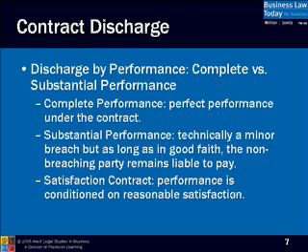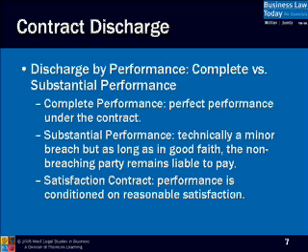Now, why do we care about that? Because if it's just a minor breach that has to be fixed, the other party still has to perform. So think about it. I asked to have my house painted, and I go in, and I find a little spot down the corner, and I'm like, that's not perfect performance. I'm not going to pay you. What do the courts say about that? It's substantial.